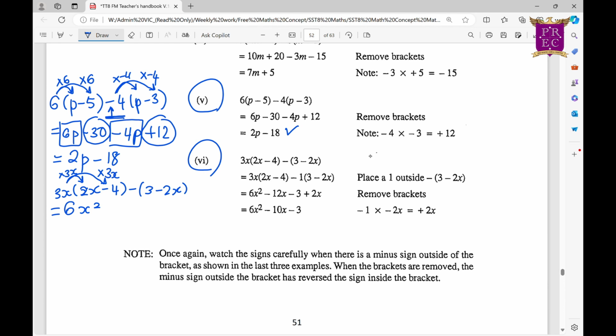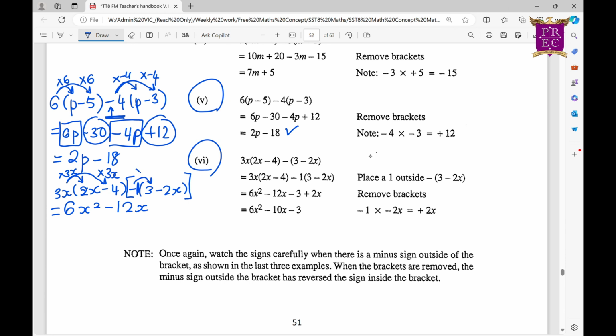And 3x times negative 4 just gives us negative 12x. Now, if you look at the second bracket to expand, you notice how there's no number, but as mentioned above, we need to assume that this is a 1. So this would be a negative 1.